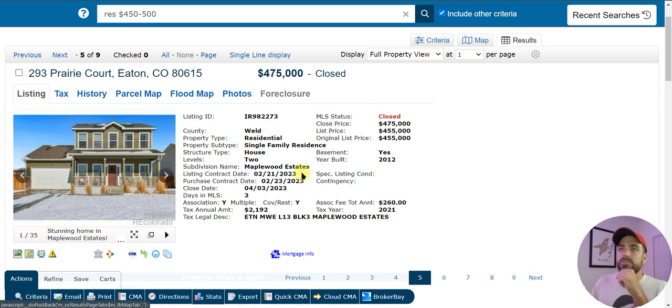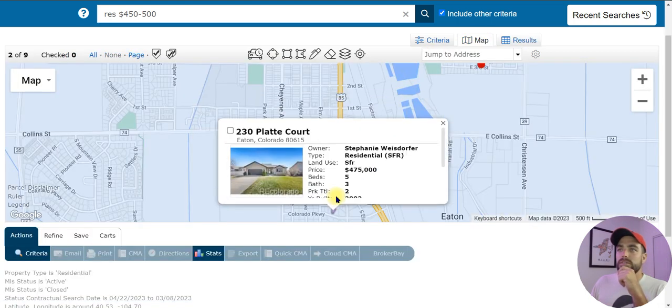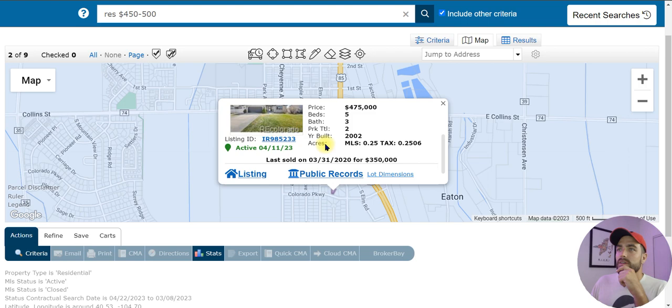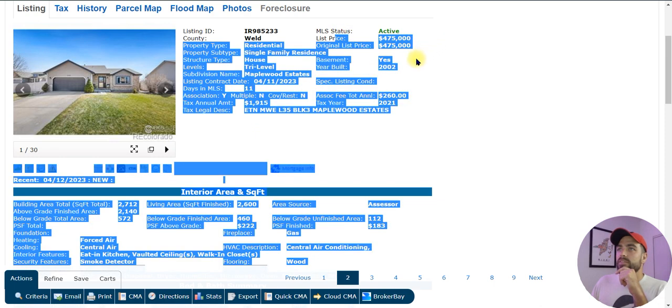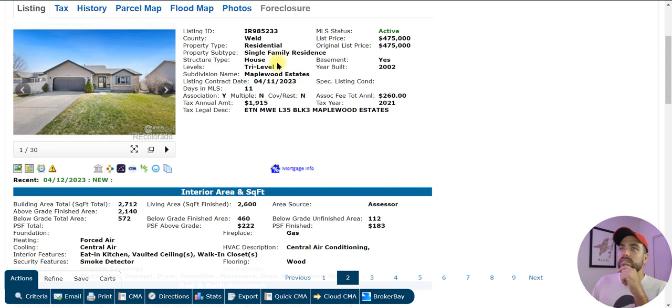And then now let's go to this one. So okay, this one that is listed for 475 is bigger than that one. It is a single story. It's been on the market 11 days. 475 is the price. Built in 2002, a lot like yours.